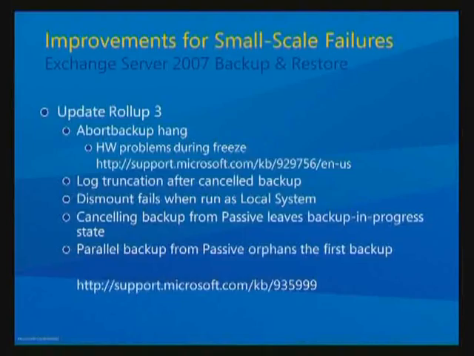But you can see we had an issue with backups, the abort backup hanging, that's been fixed. And there are a number of things here. I don't want to spend a lot of time going into them, but when this deck is available, you can read through it. I think they're fairly obvious. And definitely check out the KB.